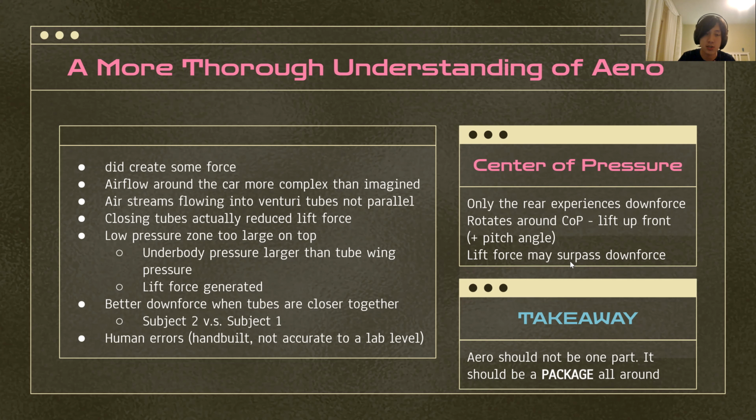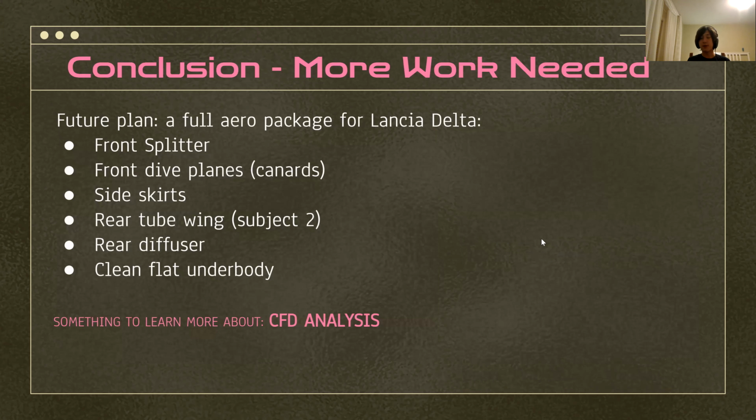Which leads us to the conclusion and the future implications of the study, like the future improvements that I can do. My plan is to create the full aero package for the Lancia Delta RC car model by having a front splitter, 2 front dive planes, also called canards, and side skirts to seal the air from the side to ensure a cleaner underbody airflow.